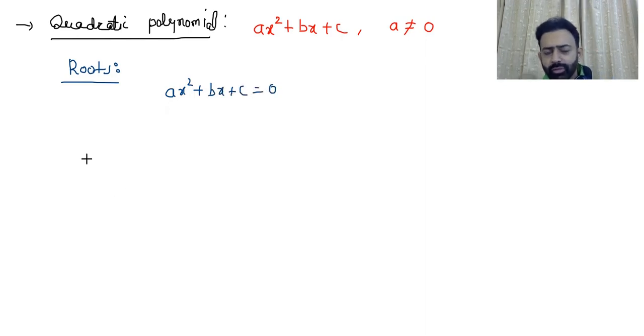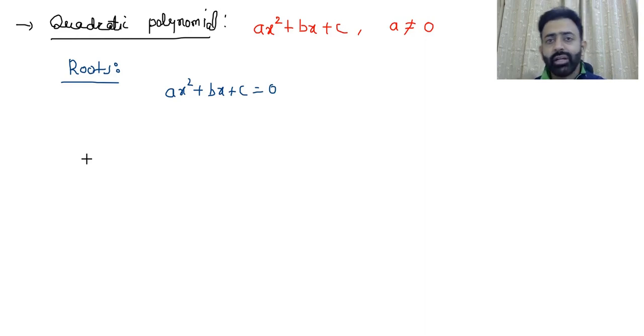What are the values of x where the value of the polynomial is 0? In polynomial terms those are called the zeros of a polynomial, where the value of the expression is 0. In equation terms, we call those zeros the roots.